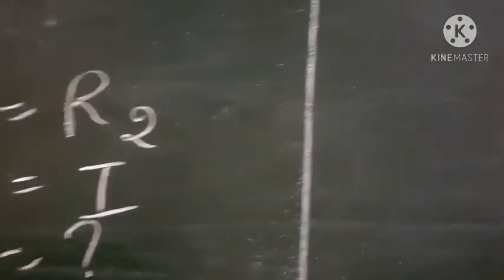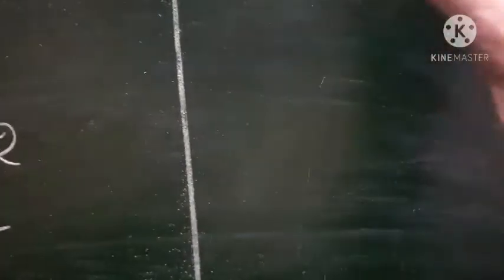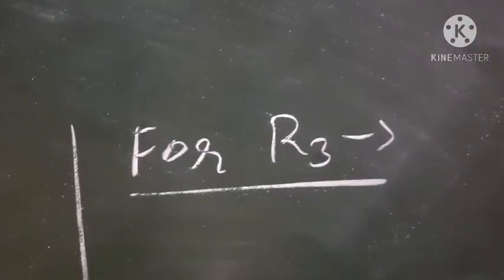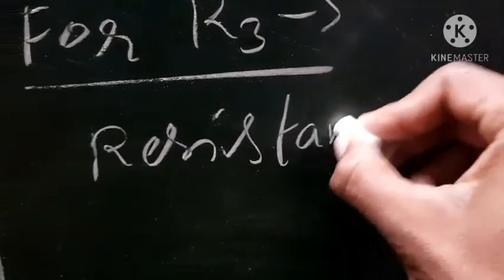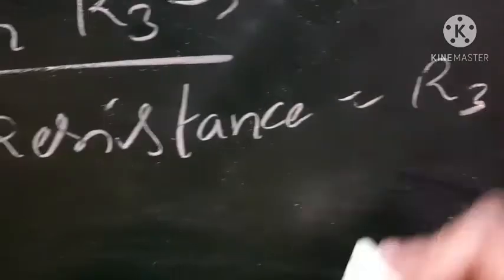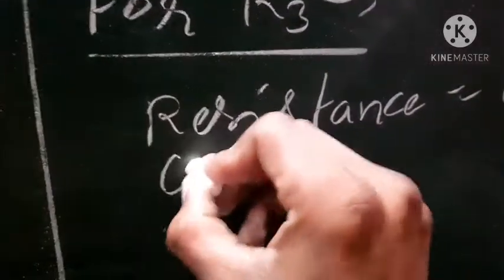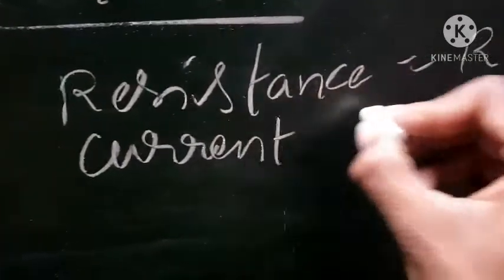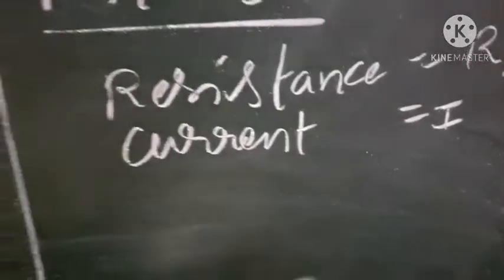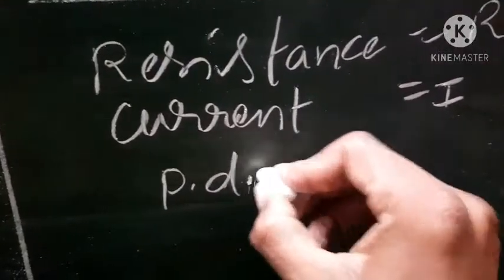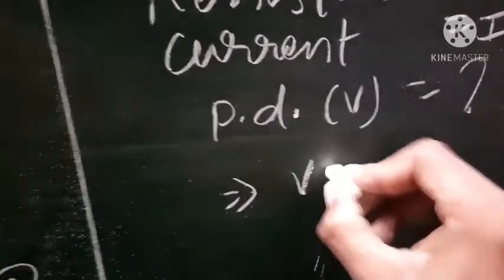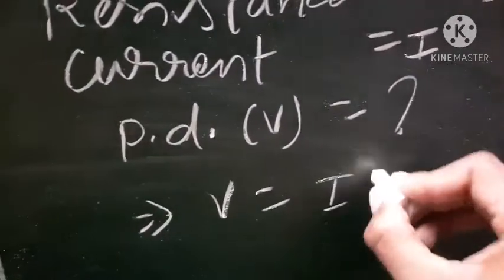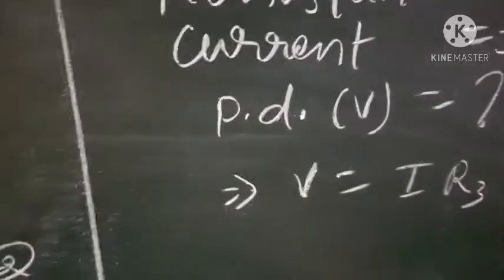Now let's talk about resistance number 3. Its resistance will be R3. Its current is I and its potential difference V will be equal to IR3.